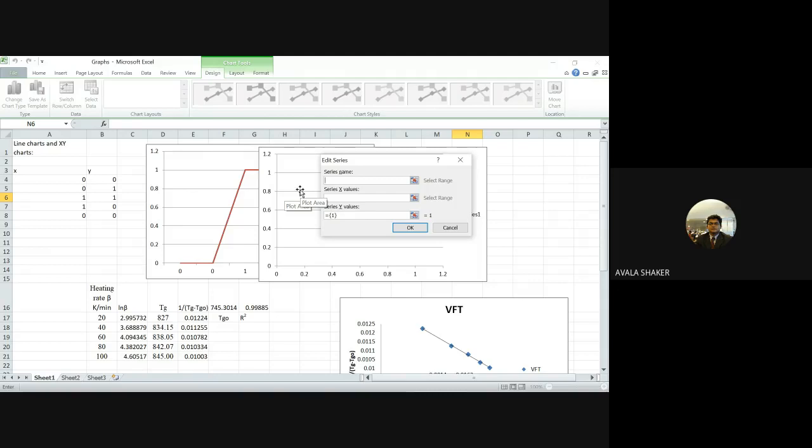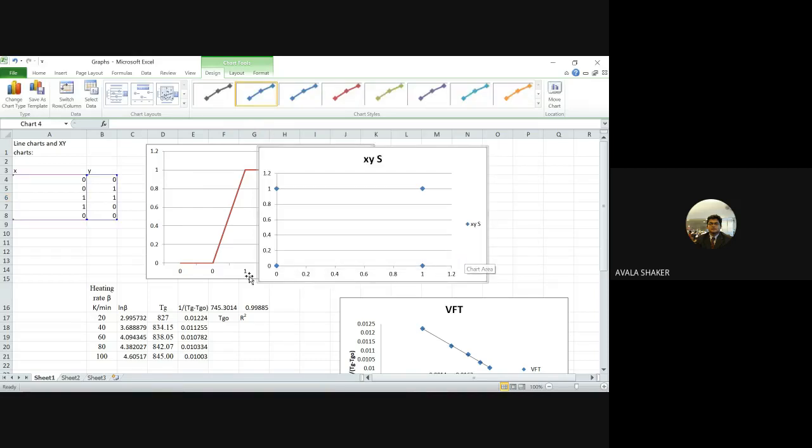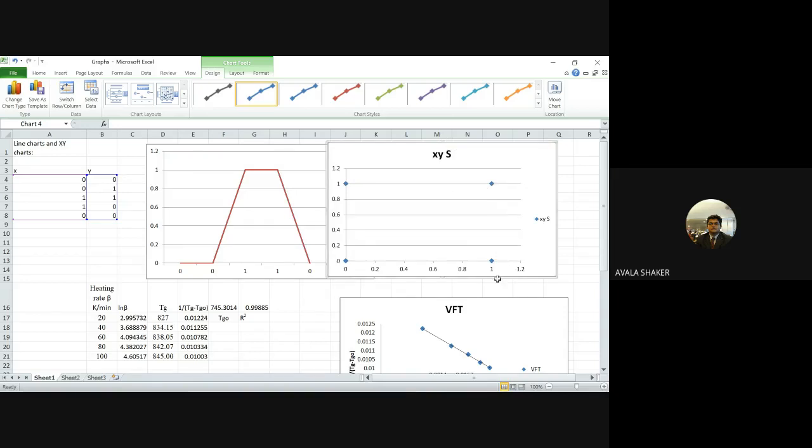So this is your XY scatter graph. Here you select the X values, and select the Y range. Now here you can see that these two are different graphs. So what we expect is this.